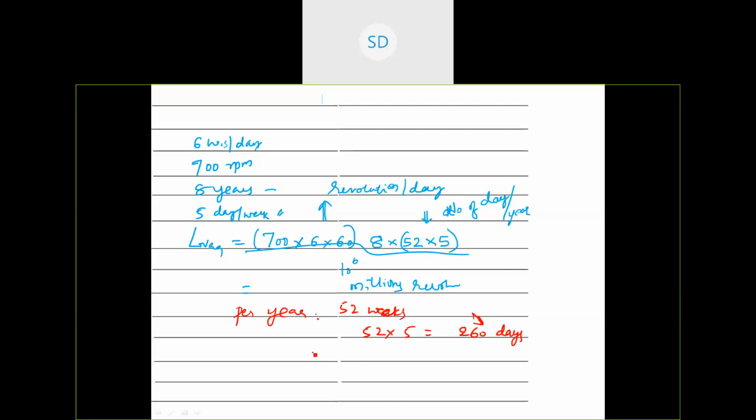Now how many years is it going to work? 260 into 8. Okay. Now it's going to work approximately 2080 days. Right. Now per day how many revolutions is it going to carry here?